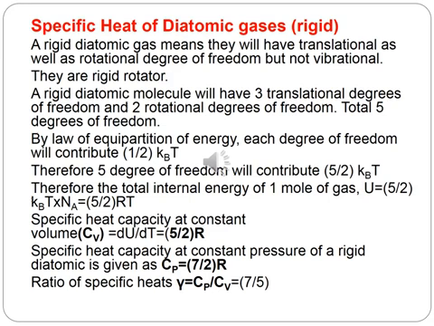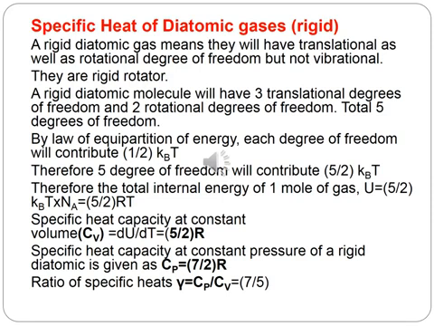Now we are going to calculate molar specific heat capacity at constant volume, which is Cv is equal to dU by dT is equal to 5 by 2 R into dT by dT is equal to 5 by 2 R. Then what should be the molar specific heat capacity at constant pressure?